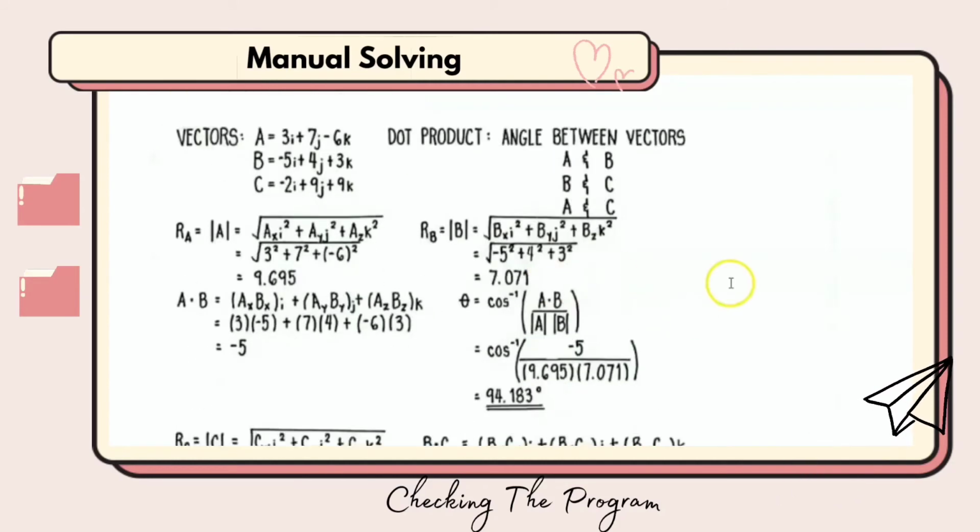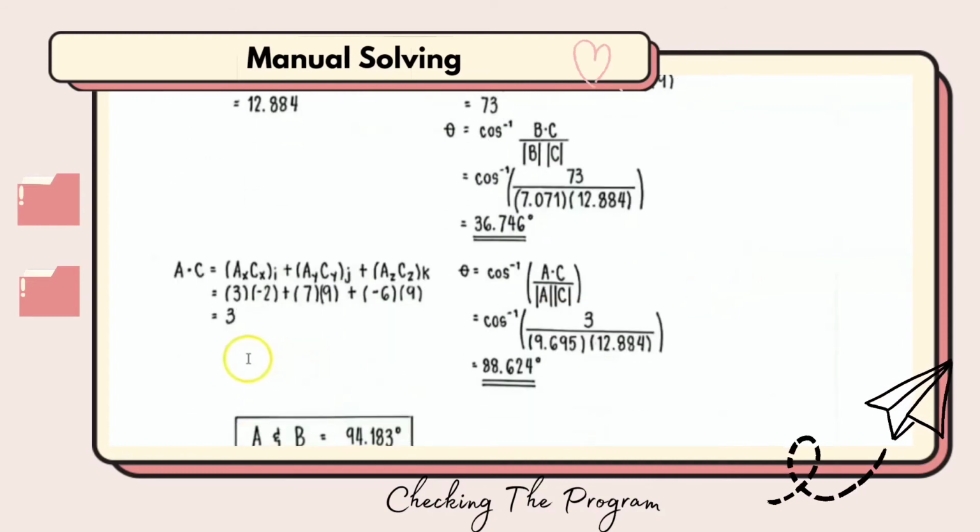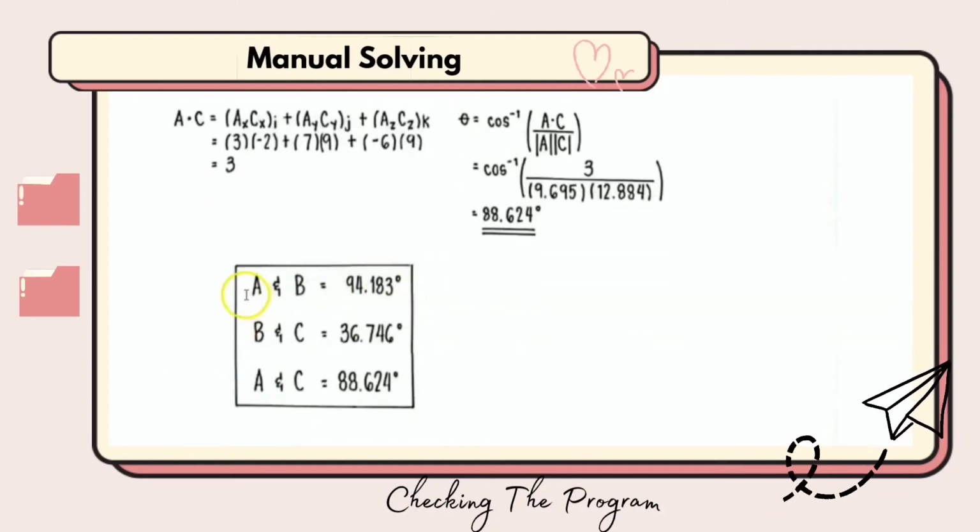You can just do the same process for the angle between vectors A and vector C. After solving all of that, we now have the angles between the vectors.